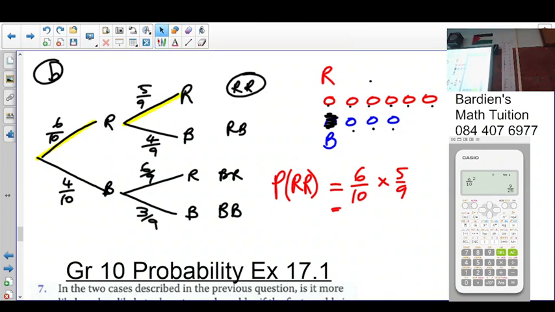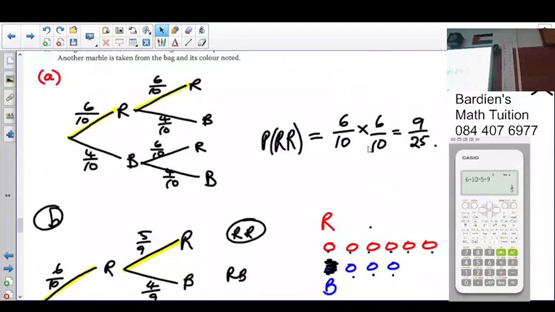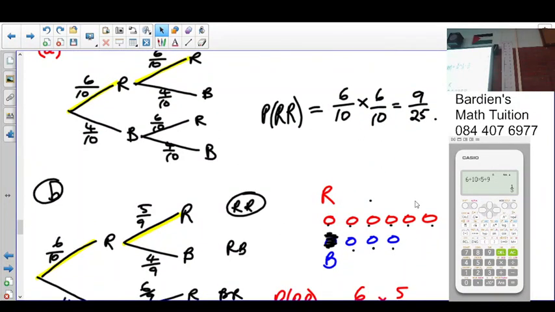So we go 6 out of 10 times 5 out of 9 gives you 30 over 90, or 0.333 recurring. Okay, this one here was 9 over 25, which is 36 over 100, so that is basically 0.36. So which probability is higher?